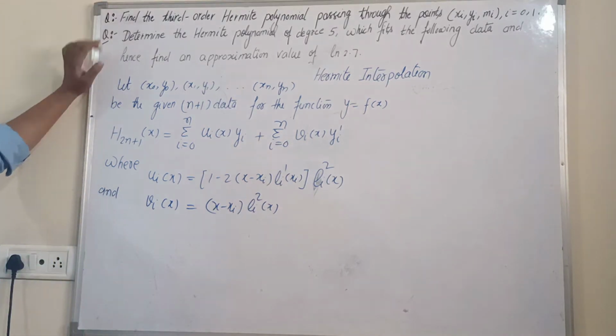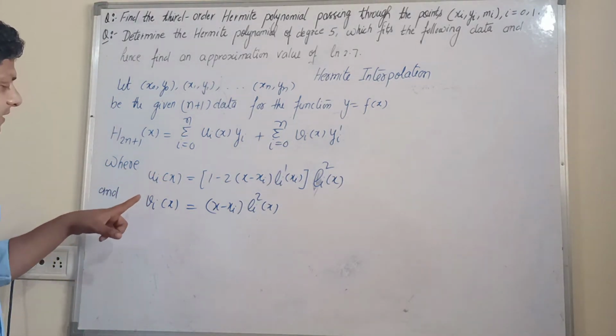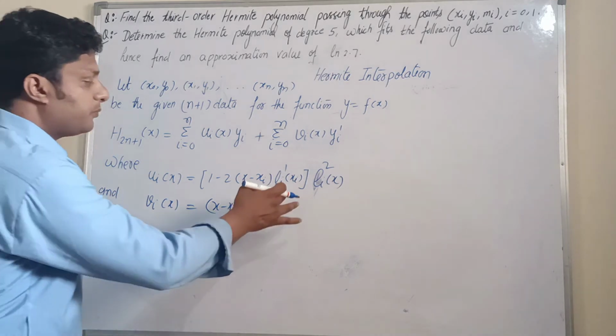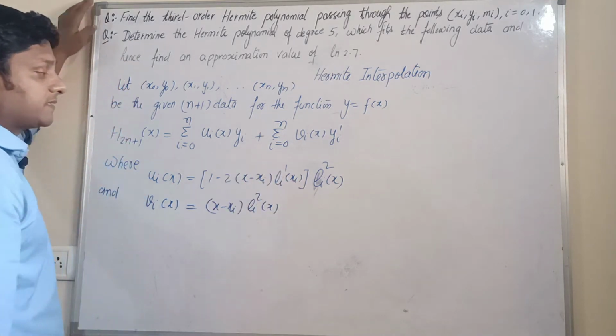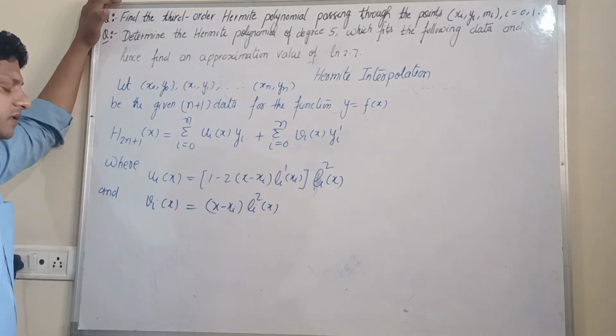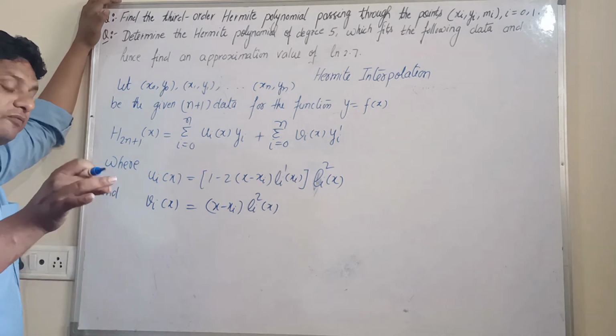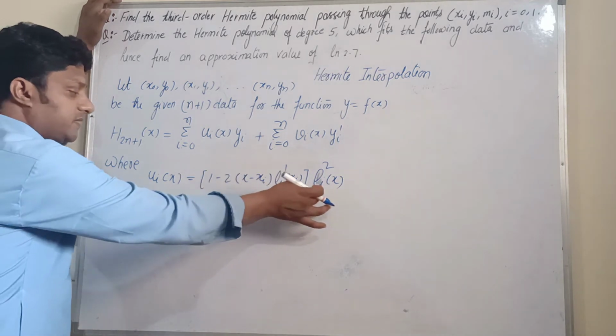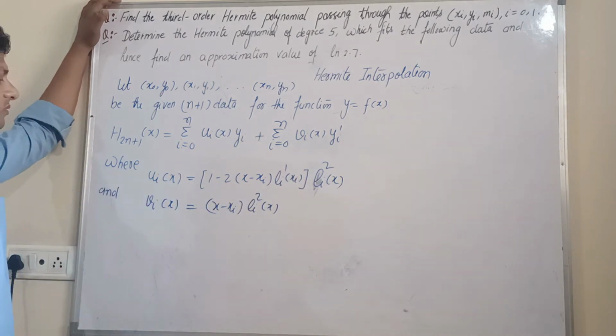So simply, to compute u_i(x) and v_i(x) we need to compute l_i(x), then their first derivative, and after that the value of the first derivative at the point x_i.